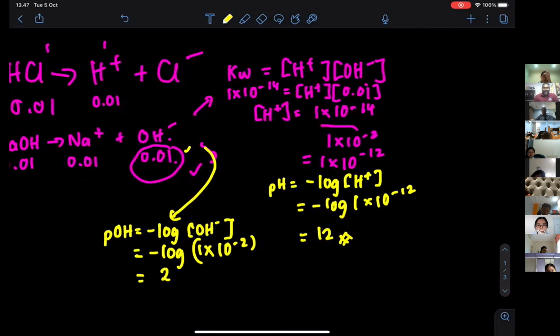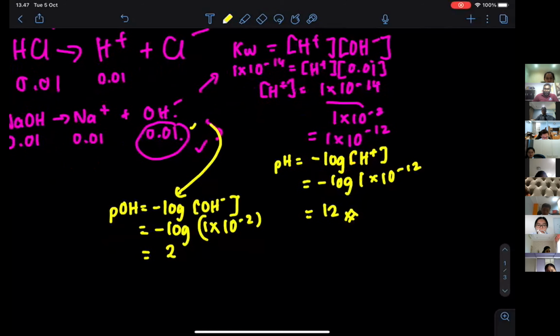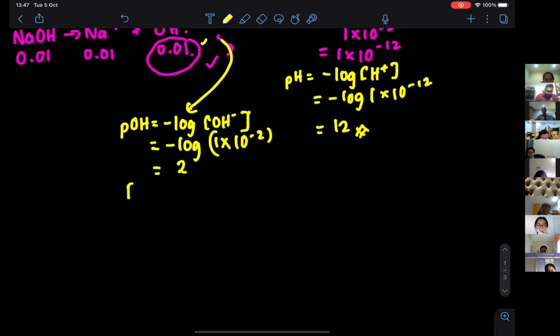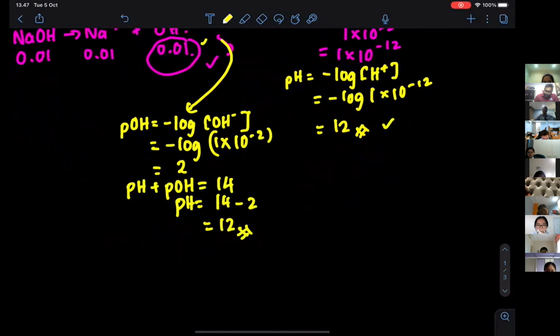Once you get that, very important, if you want to use this method, you should know the relationship between pH and pOH. pH plus pOH is always 14. And you can calculate the pH because that is what we want to do now. So 14, pOH is 2, so you just calculate, you get 12. There are two methods to find out.